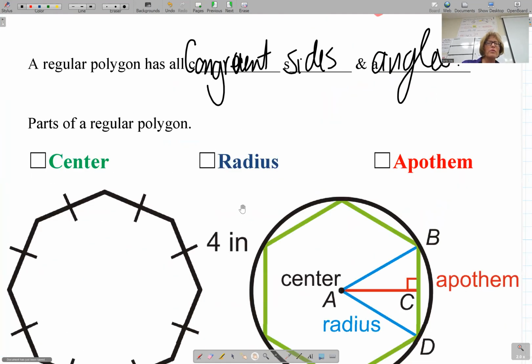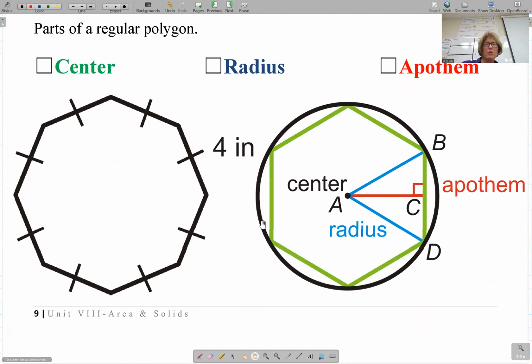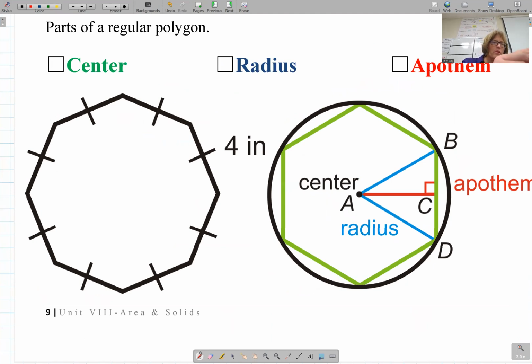Regular polygons have some specialized names. Some of them are pretty simple to understand. One of them is kind of a new thing. So the center is, of course, right there. Behold, the center. A radius would be the segment that connects the center to a corner.